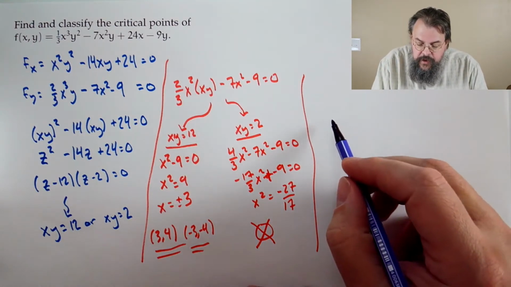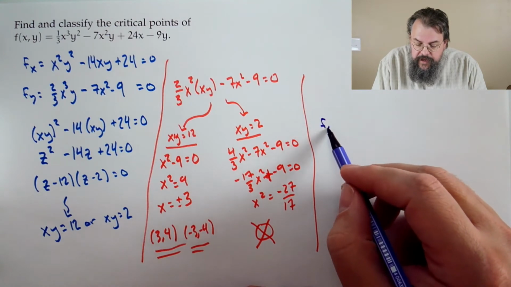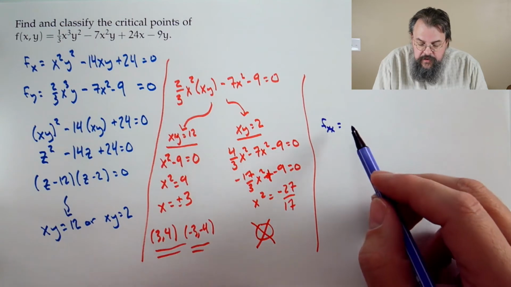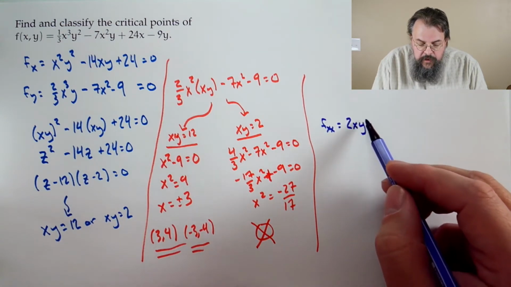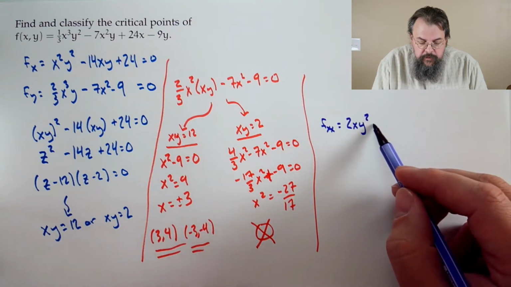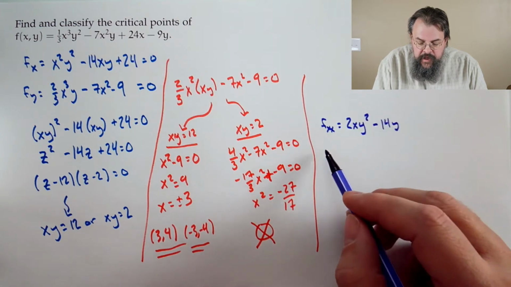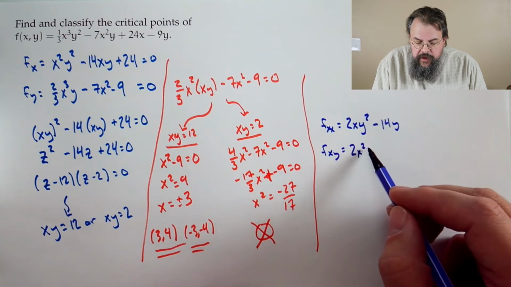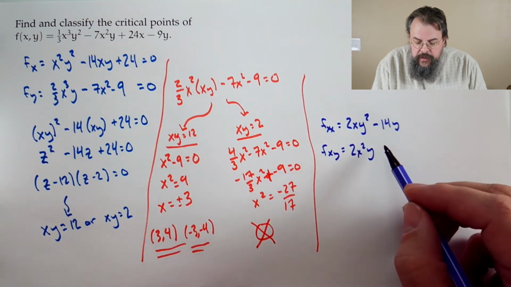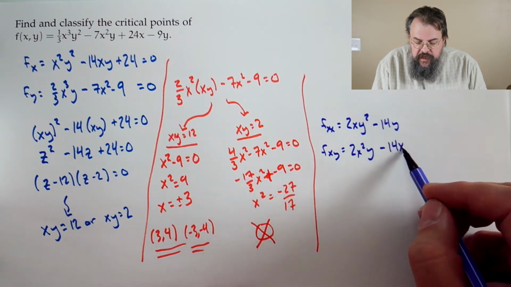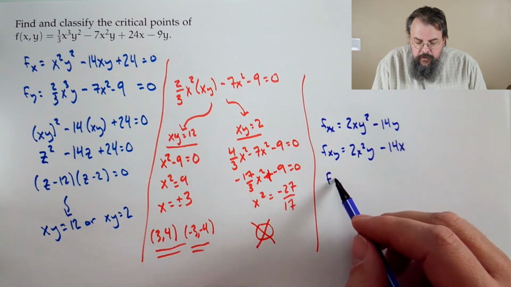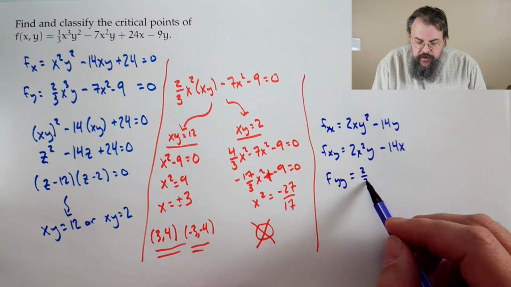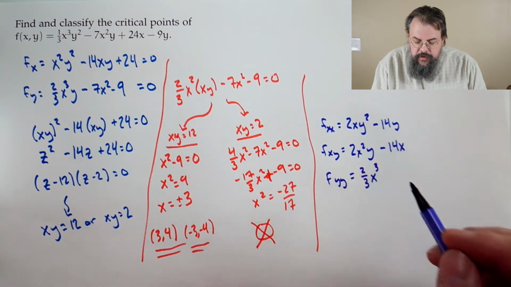What do we need? Well, we need to know what is fxx. Okay, so we'll come along. That's 2x y squared, and then minus 14y. fxy will be 2x squared y, and then minus 14x. And fyy, well, that'll be 2/3 x cubed.